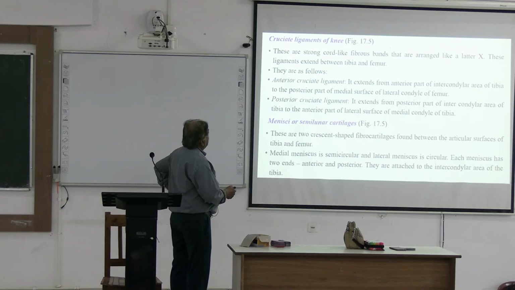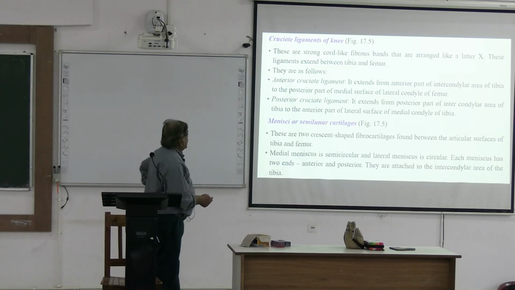The anterior cruciate ligament extends from the anterior part of the intercondylar area of the tibia to the posterior part of the medial surface of the lateral condyle of the femur. The posterior cruciate ligament extends from the posterior part of the intercondylar area of the tibia to the anterior part of the lateral surface of the medial condyle of the femur.